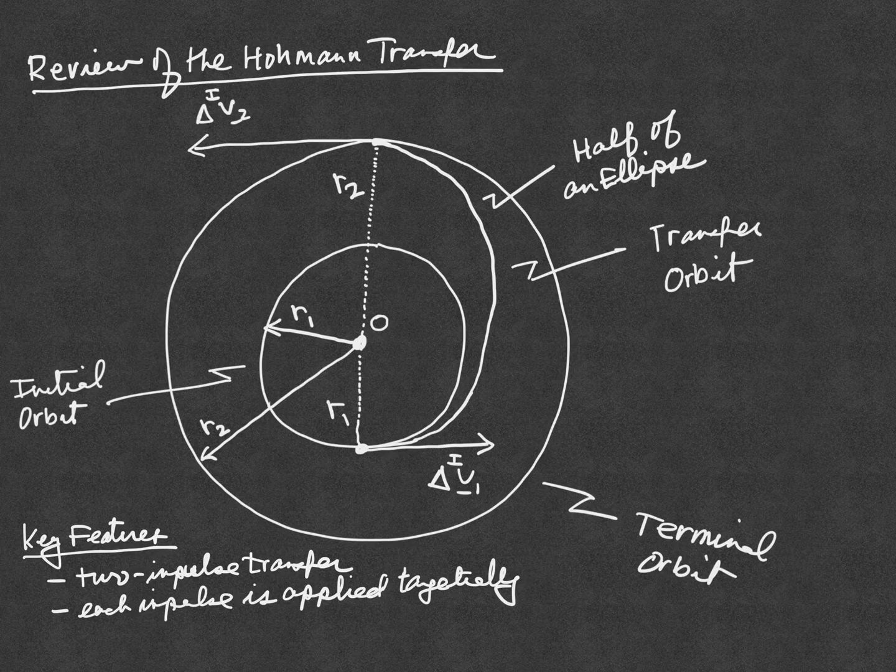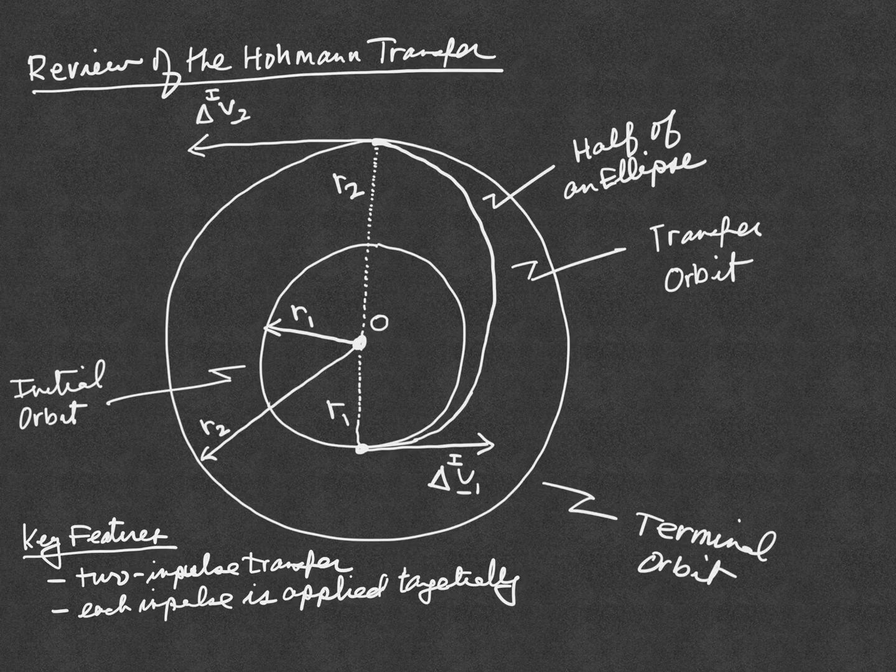In other words, once the first impulse is applied, the spacecraft moves on a transfer ellipse and reaches apoapsis at exactly the same distance as the size of the second orbit. So it never goes beyond the size of the terminal orbit. And then the second impulse is applied.